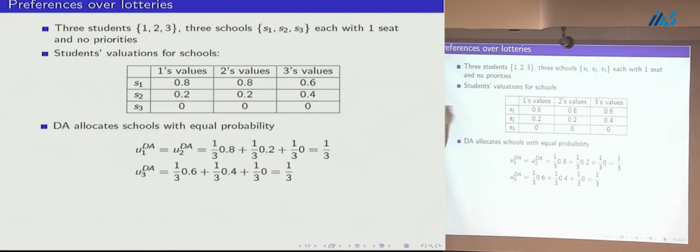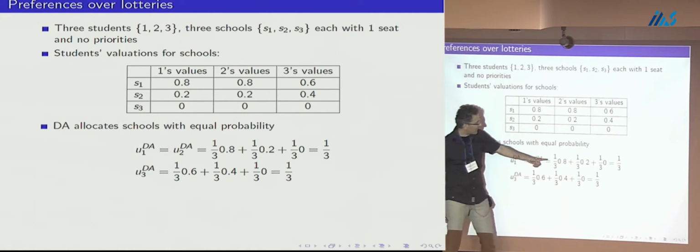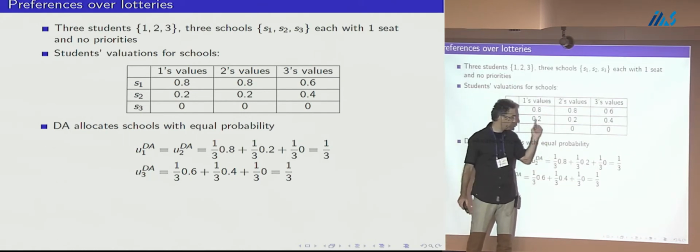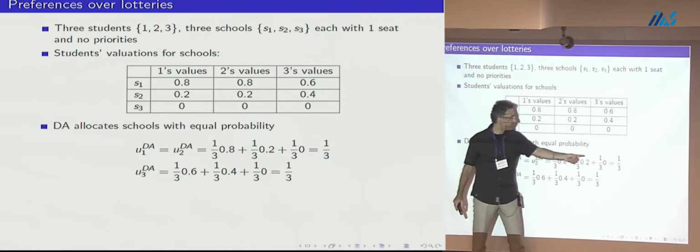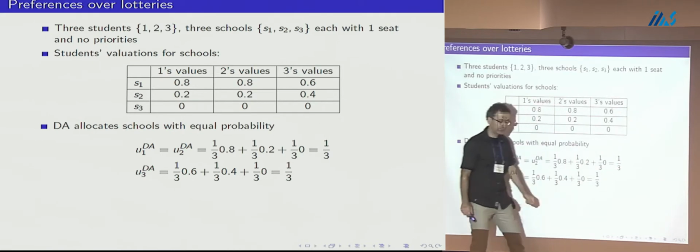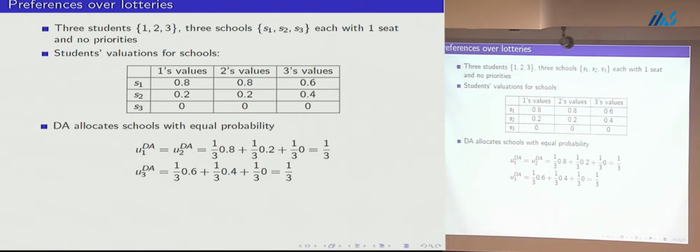So what is the expected utility now? Students 1 and 2 are going to get school 1 with probability 1/3, school 2 with probability 1/3, and school 3 with probability 1/3. That's going to give them an expected utility of 1/3. Student 3, likewise, is going to get an expected utility of 1/3 from an ex ante point of view.